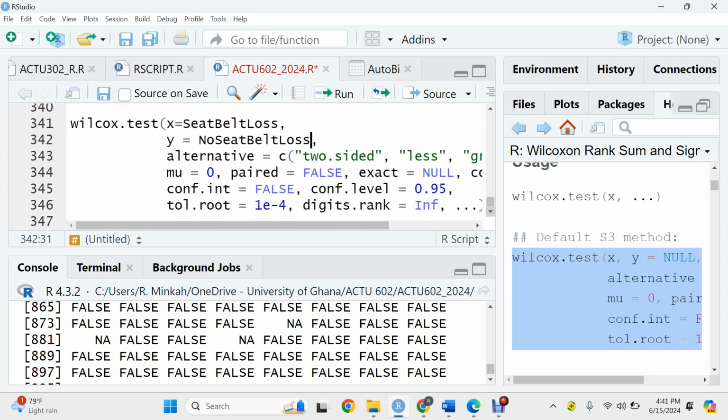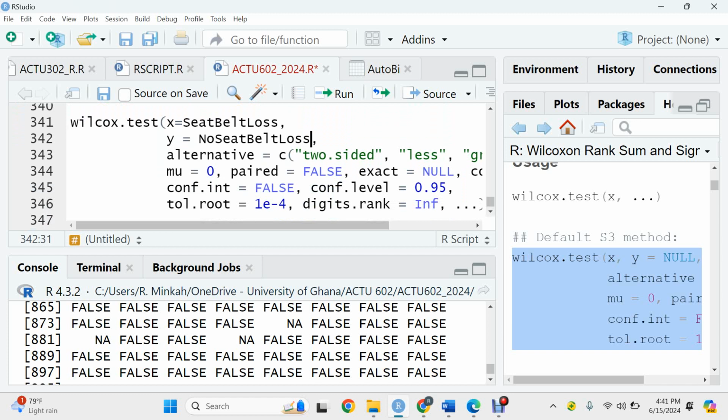And then alternative. What was our alternative? It should be less, right? Less, okay. So I can delete these ones. Greater and two-sided. Mu is 0. Is it paired? No, so we leave it like that. The rest, they are not really needed.